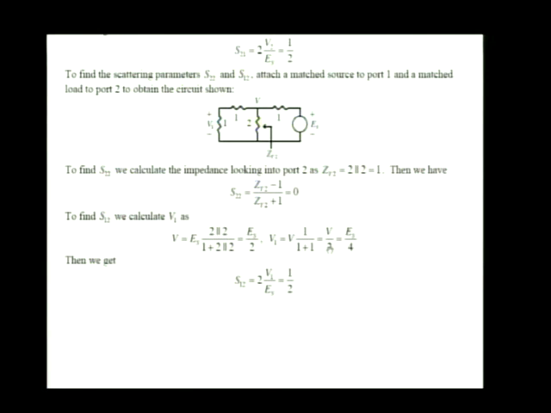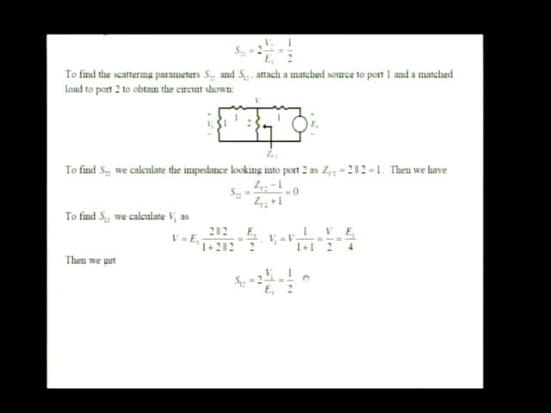But we found V in terms of ES. So plug in this first equality for V to get V1 is equal to ES divided by 4. That's the result that we needed. Because S21, by definition, is twice V1 over ES, it's twice this quantity divided by ES. 1/2 is the numerical result.